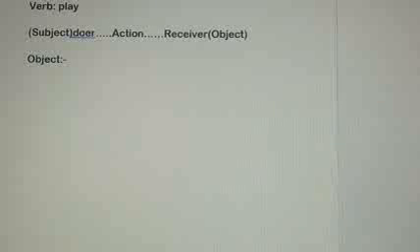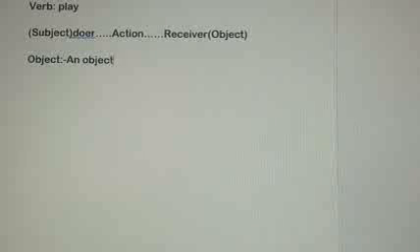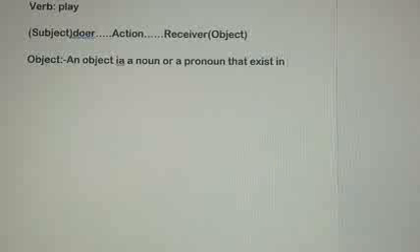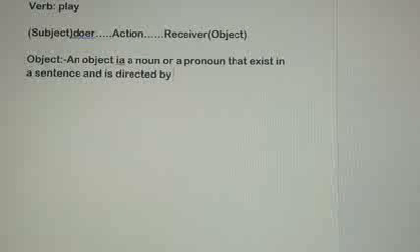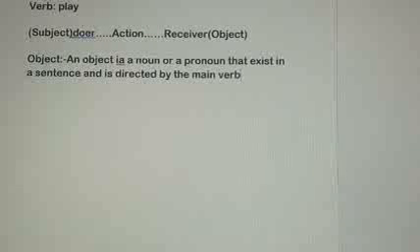What is an object? So my dear children, an object is a noun or a pronoun that exists in a sentence and is directed or governed by the main verb.